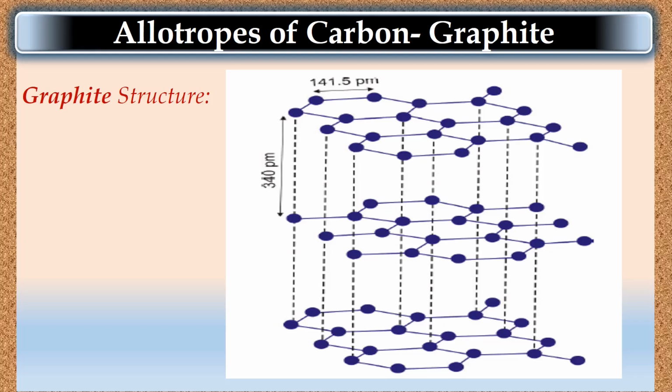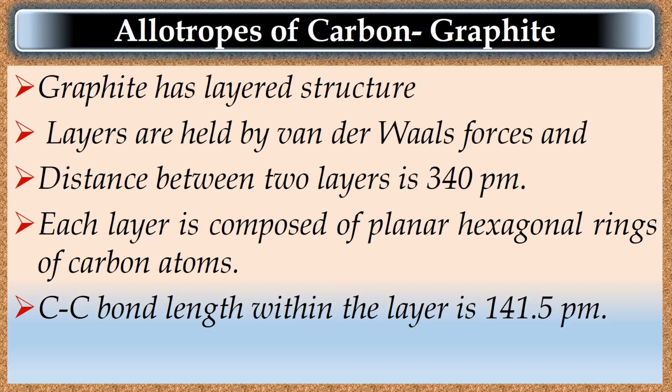Next allotropic form of carbon is graphite. So this is the layered structure. Graphite has a 6-membered layered structure. The carbon-carbon distance here is 141.5 picometers, and the distance between the two layers is 340 picometers.